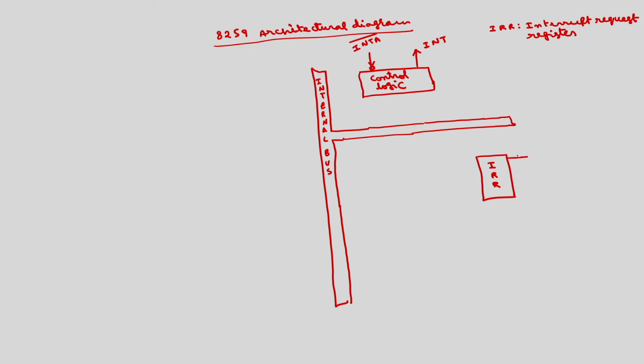This will have 8 signals, IR0 to IR7. Each interrupt can be connected to 8 I/O devices through this IRR, because if all these interrupts occur simultaneously, you should have some circuitry to resolve the priority of these interrupts. So, there is a priority resolver.